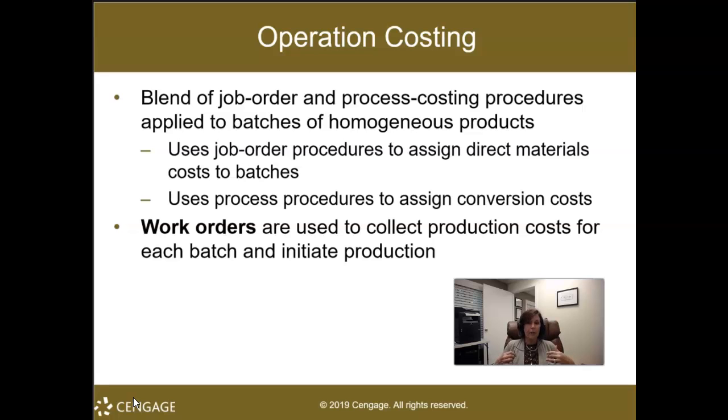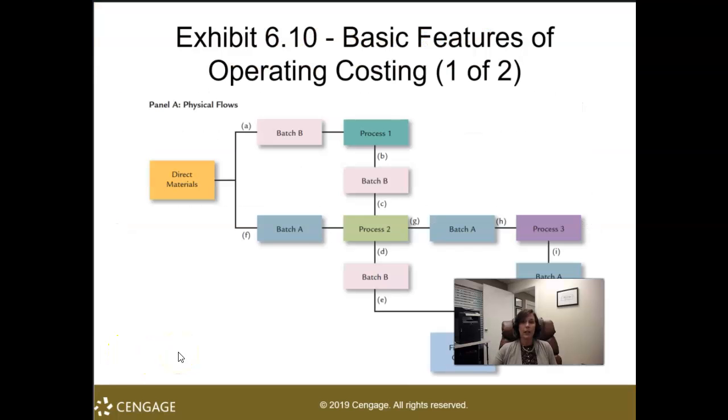So you might have the silk and the wool and whatever going through as batches, but they will all get the same processes. But because of the difference in the materials cost, we can't just lump them all together.